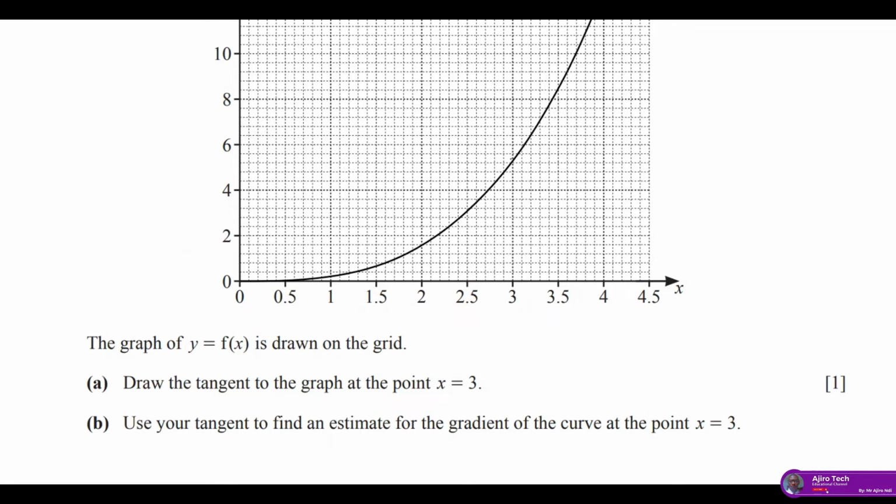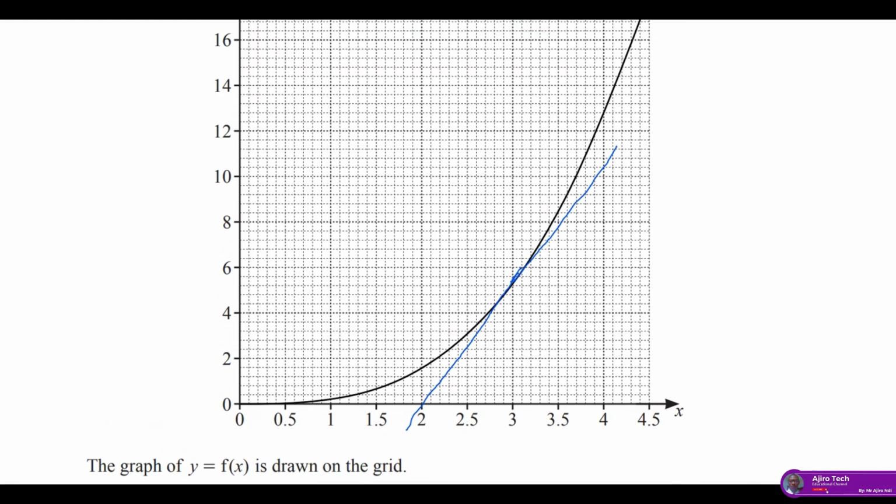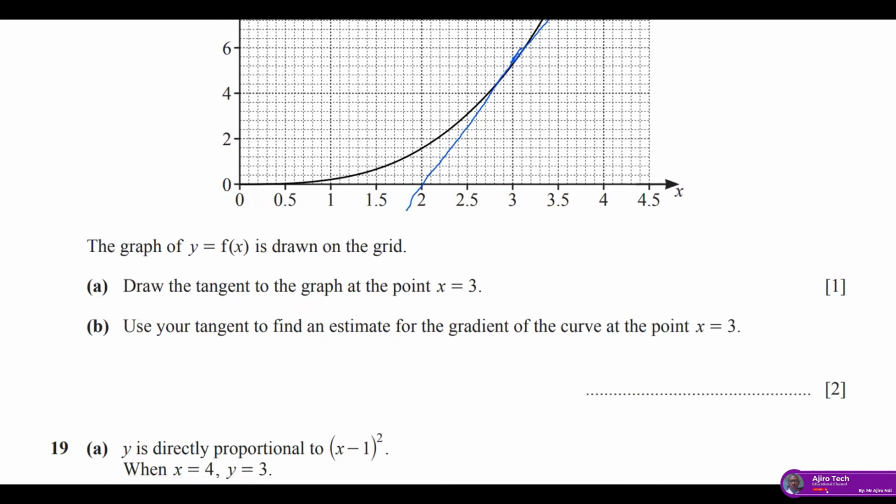Just draw a straight line through that point, touching the graph at just one point. So having this straight line, we have drawn a tangent.